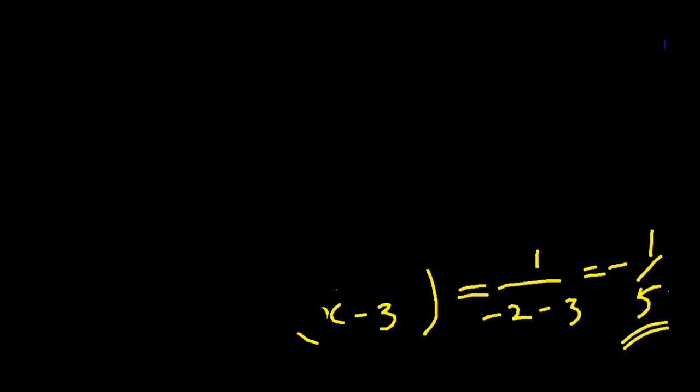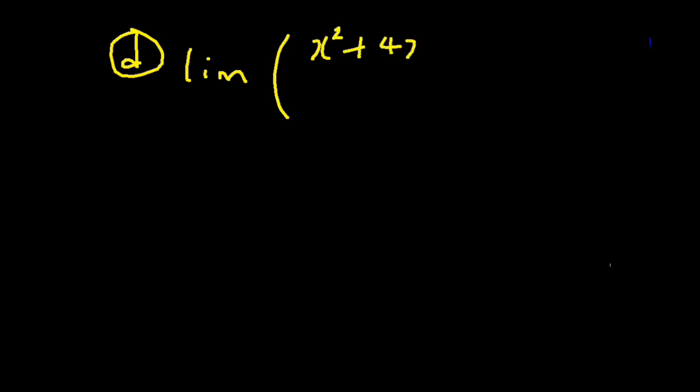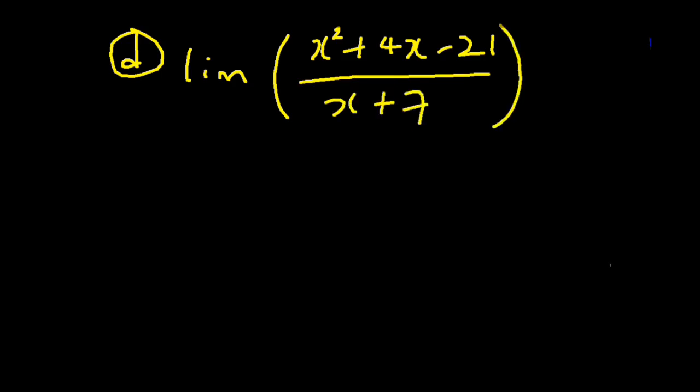Now another example, D, we have the limit of x raised to power 2 plus 4x minus 21 over x plus 7 when x tends to minus 7. Now the numerator is a quadratic expression.